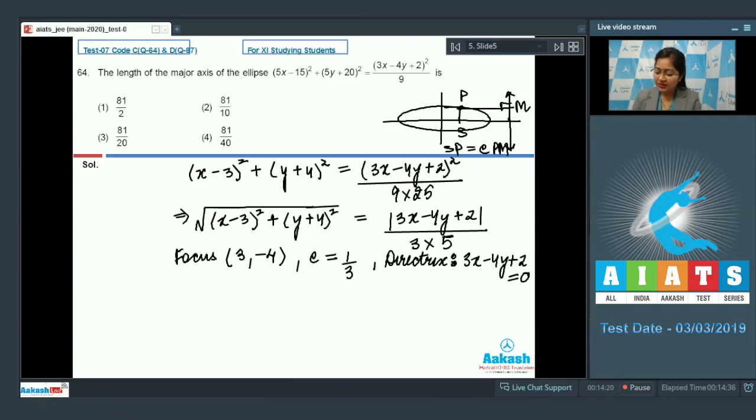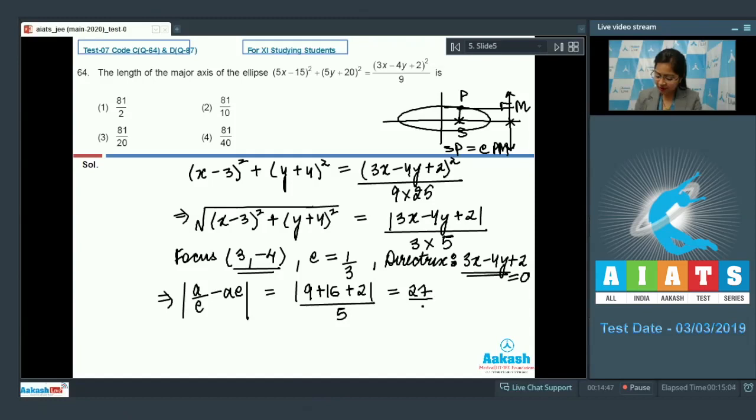Now we know that the distance between the directrix and focus is modulus of a by e minus ae, right? So this will be equal to the distance of this focus from the directrix. So that will be equal to modulus of 9 plus 16 plus 2 upon 5. So this will be equal to 27 upon 5.